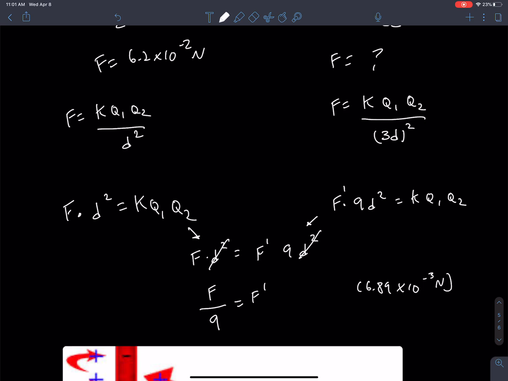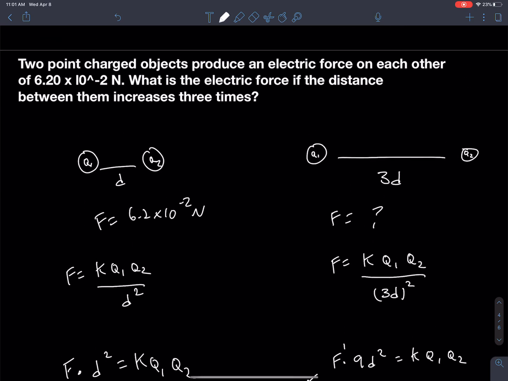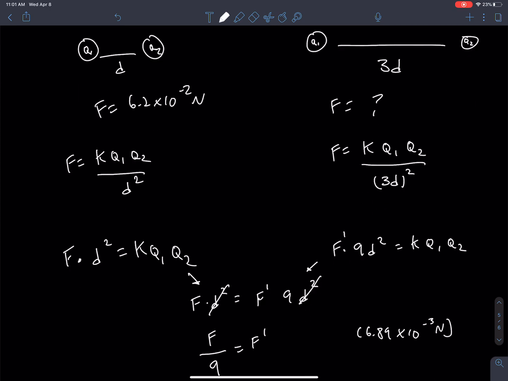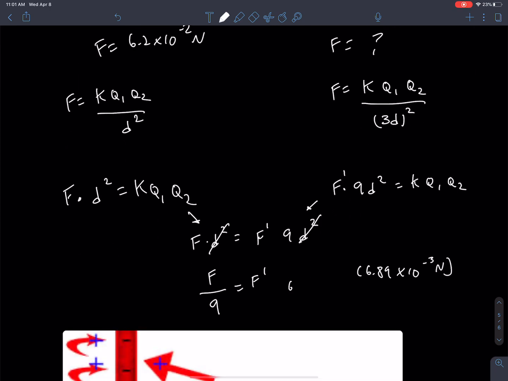So the original force was 6.2 times 10 to the minus 2 newtons. So 6.2 times 10 to the minus 2 newtons divided by 9 is equal to 6.89 times 10 to the minus 3.